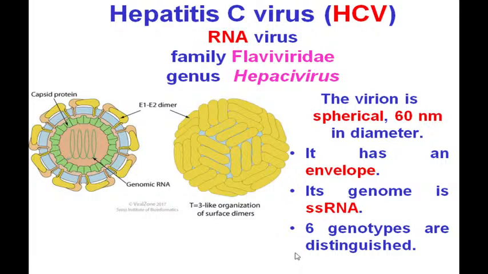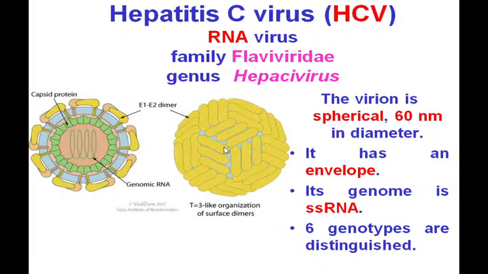It belongs to the Flaviviridae family, and the genus is called Hepacivirus, or somewhere I've read Heparnavirus, a hepatitis RNA virus. So then you can see the structure. It is covered with an envelope with one type of spike made up of two dimers, E1 and E2.